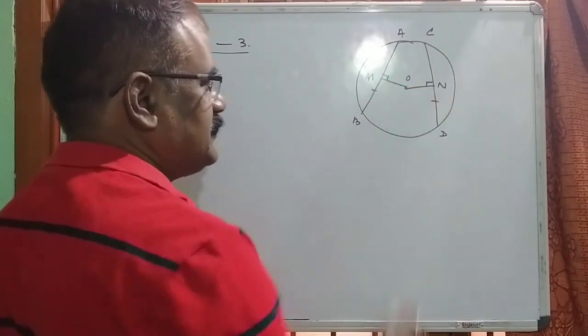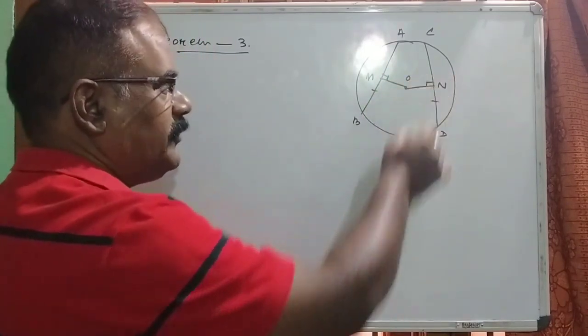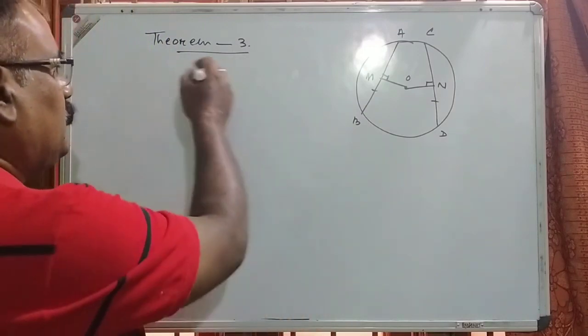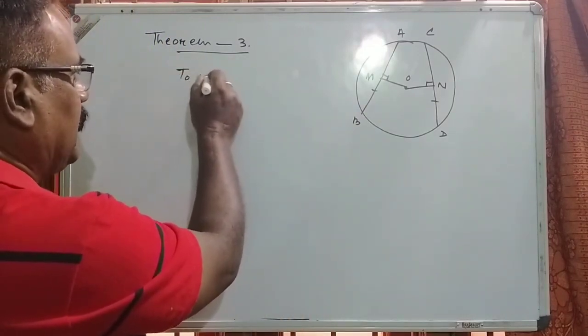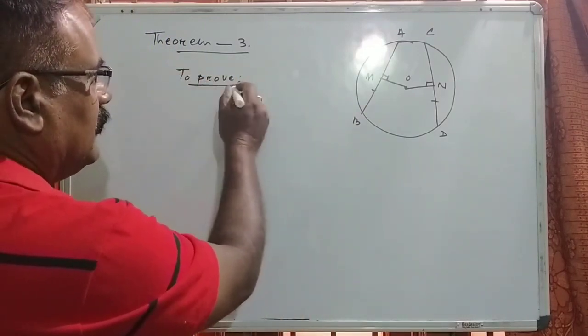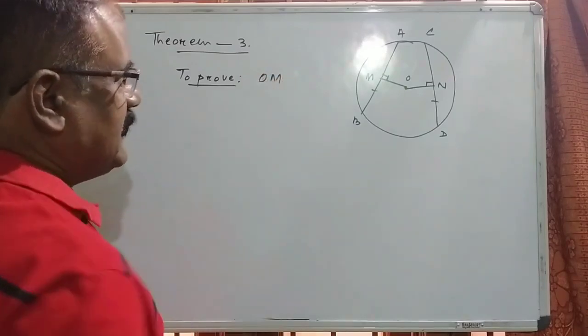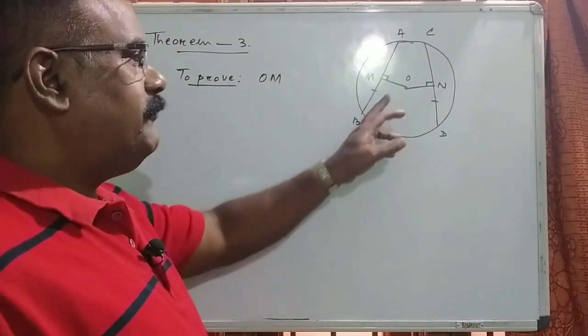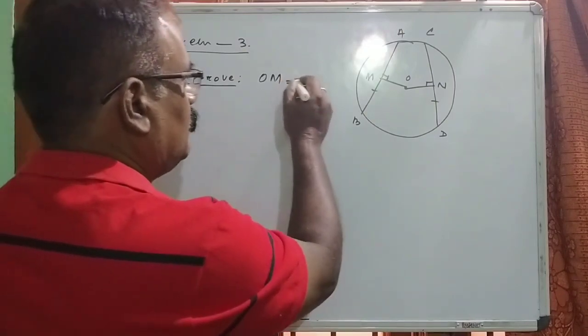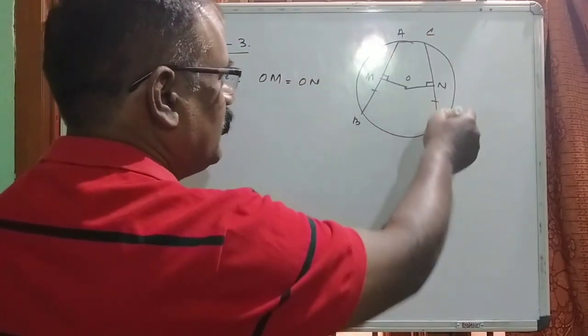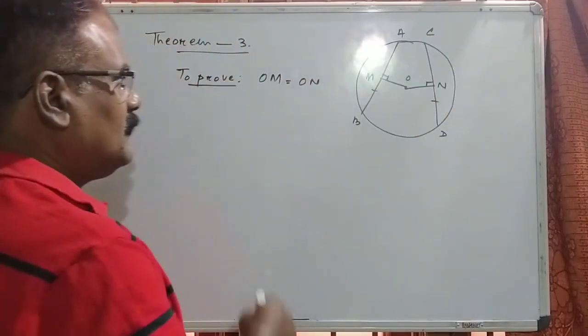If chord AB is equal to chord CD, then OM will be equal to ON. So we have to prove that OM, the distance of AB from O, is equal to ON, the distance of chord CD from O.